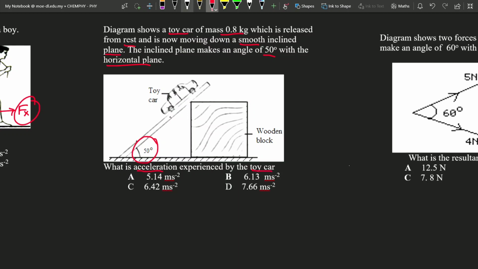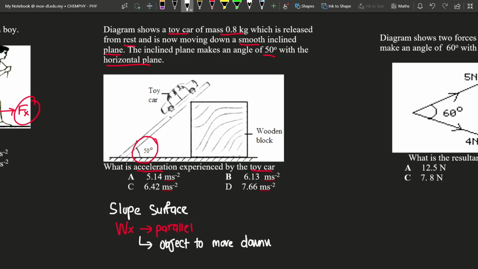So dekat slope surface, dekat permukaan condong, tadi kita dah pergi, our Wx, which is weight parallel to the surface, is what caused the object to move downward. So kita ada objek yang menuruni permukaan condong. Kenapa? Sebab adanya Wx. So dalam situasi ni, kereta mainan akan turun permukaan sebab ada Wx.